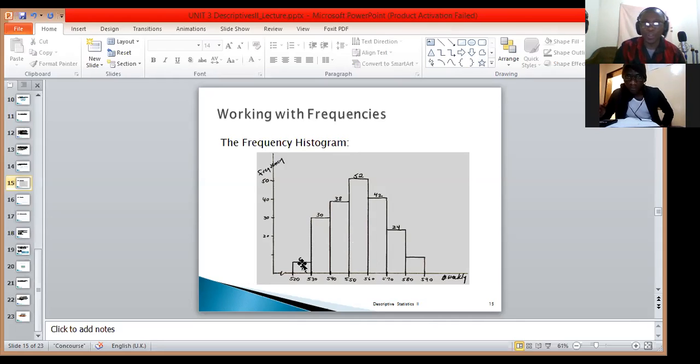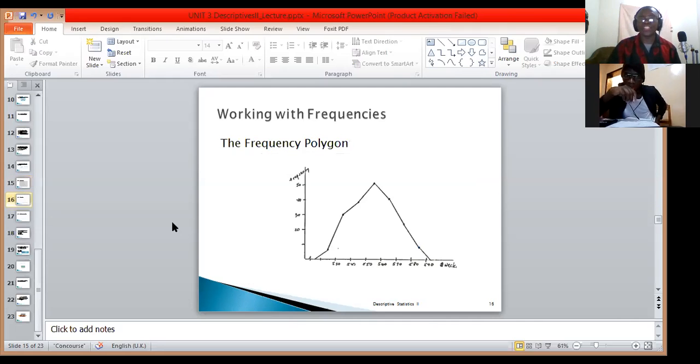Your midpoint will be 525. So at this point, put a star here. Then you go to the next class, find the midpoint, put a star. Third class, put a star. Put stars at the middle of each class. Once you put those stars, draw a line passing through those stars. That is what is called a frequency polygon. It looks like this.